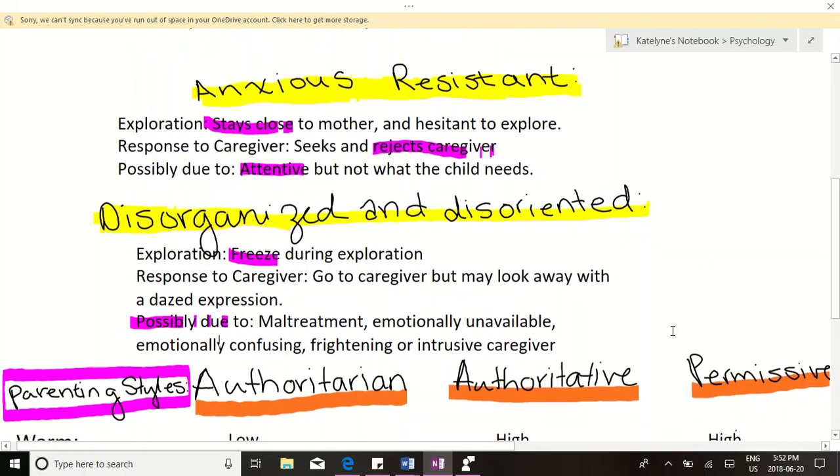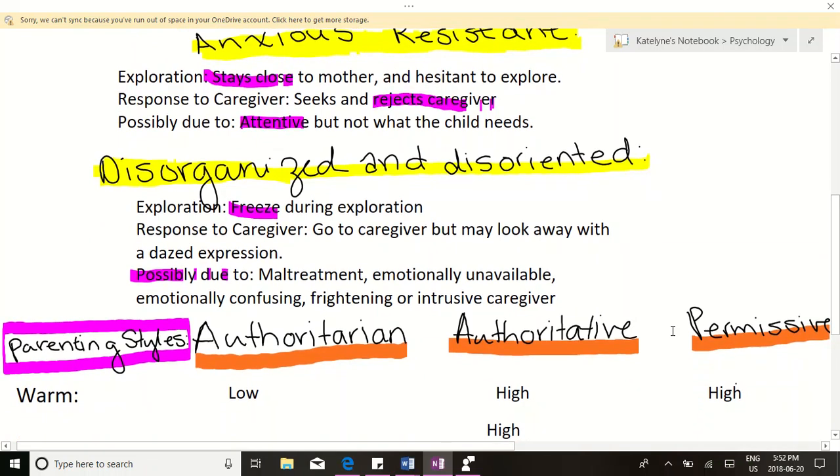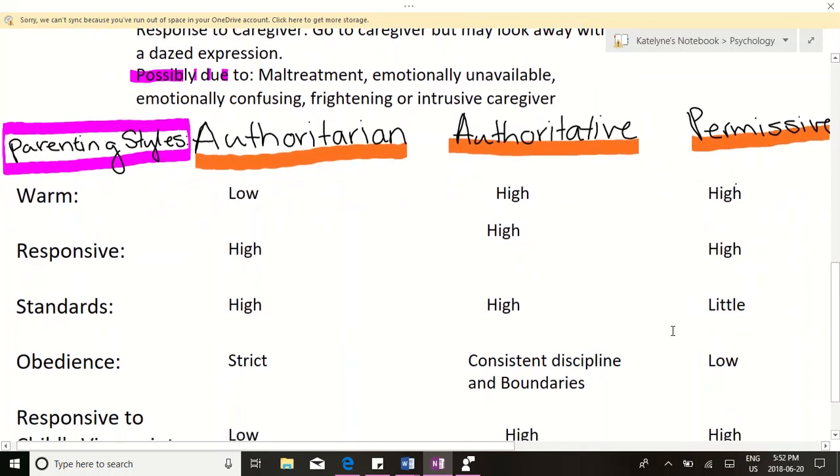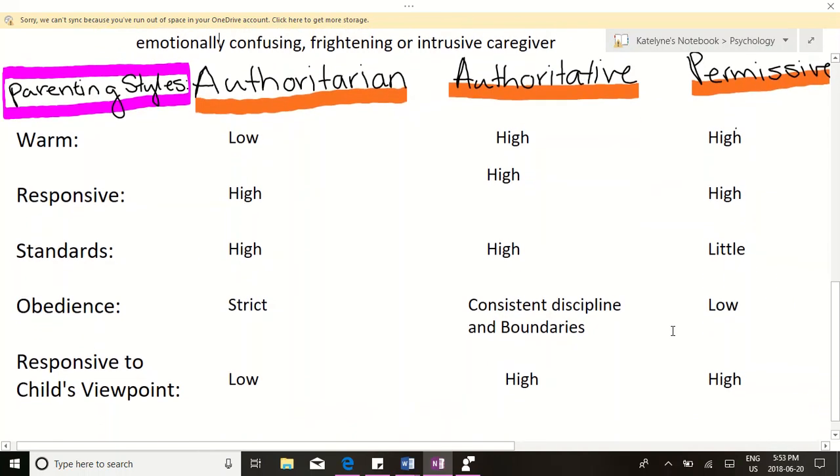So now we're going to go on to different types of parenting styles and their relative outcomes. The first type of parenting style that we're going to consider is the authoritarian parenting style. This type of parenting style has warmth in the relationship. They provide the child with warmth and security. Whenever the child is in need, the authoritarian parent is responsive.